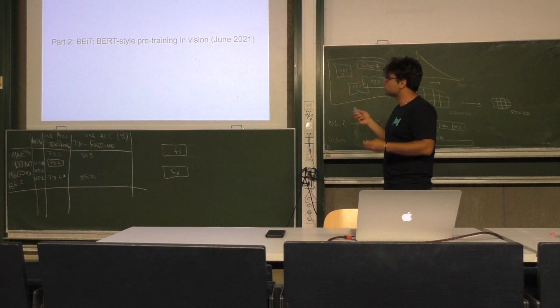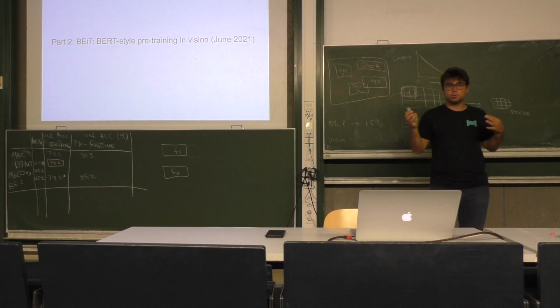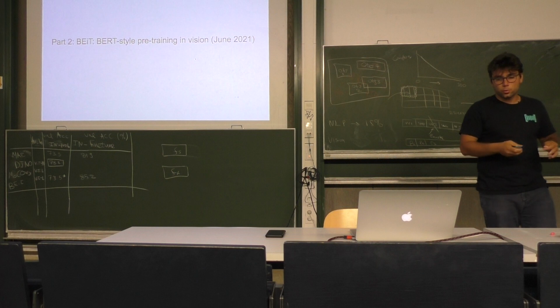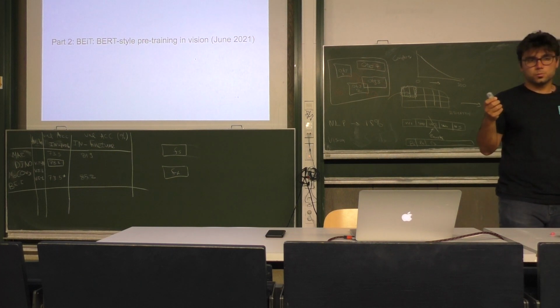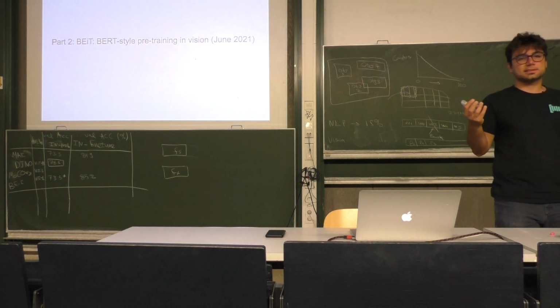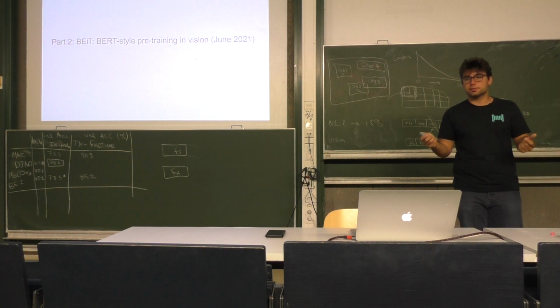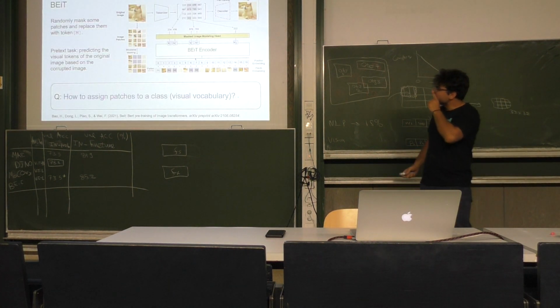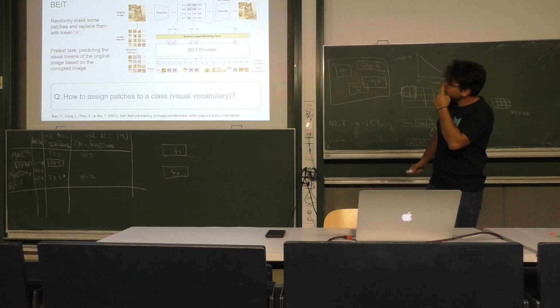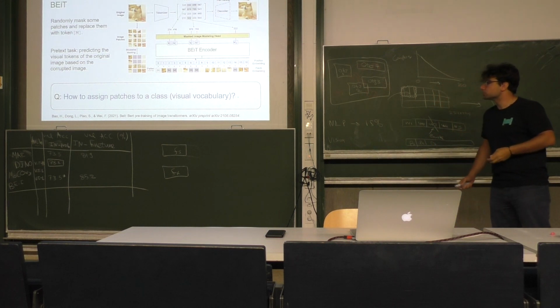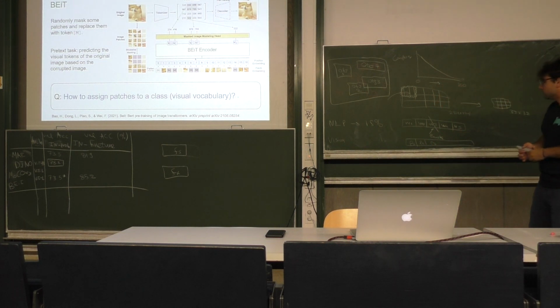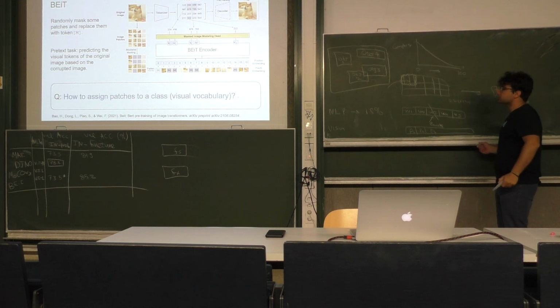So let's go to another approach, again borrowed from natural language, where we try to create a pretext task very similar to BERT. The acronym is called BEiT. I don't remember what exactly it corresponds to. But the idea is slightly different.